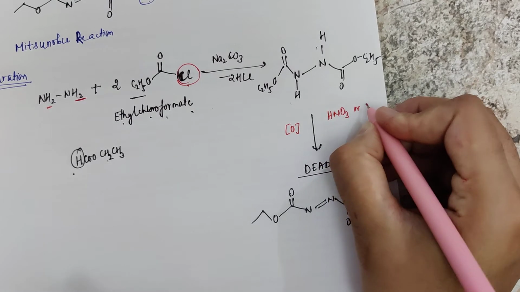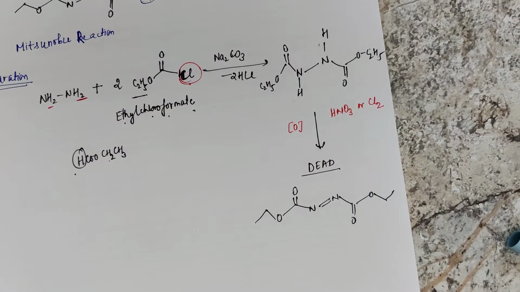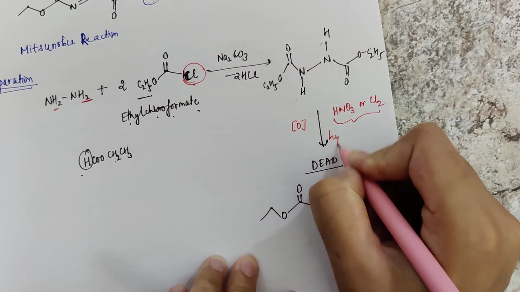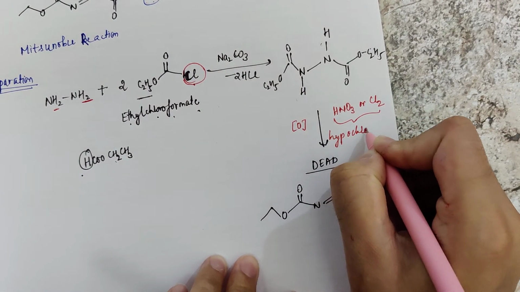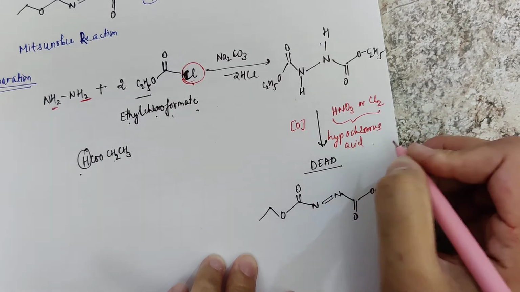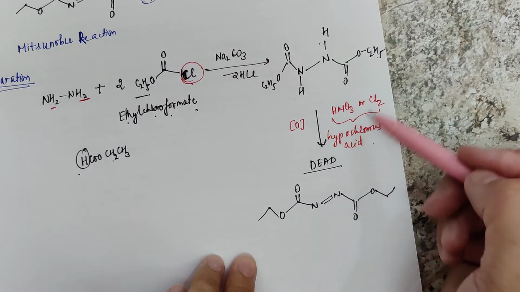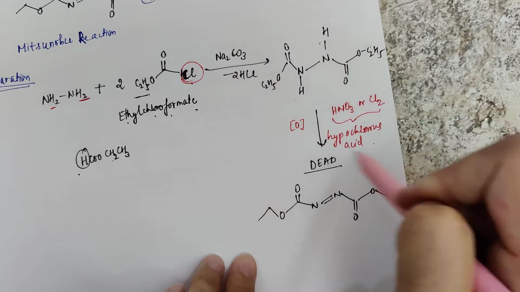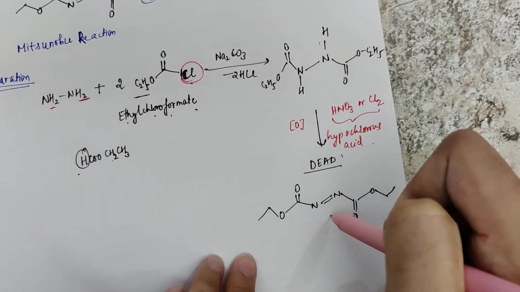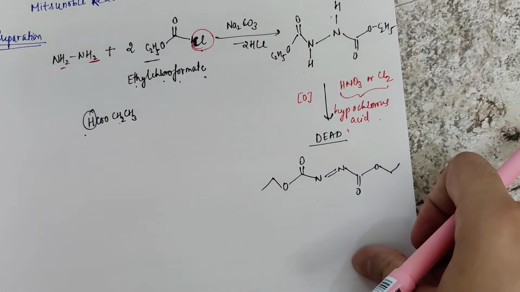Hypochlorous acid is obtained by HNO3 and chlorine gas. Nitric acid is added and chlorine gas is bubbled through the solution. So it produces hypochlorous acid, which in turn oxidizes this.